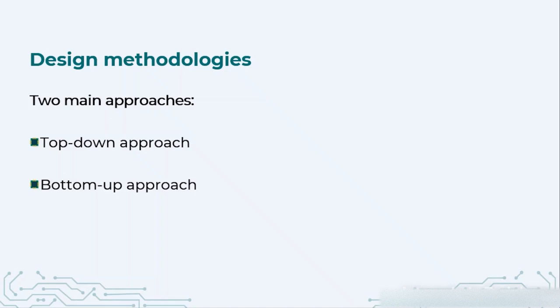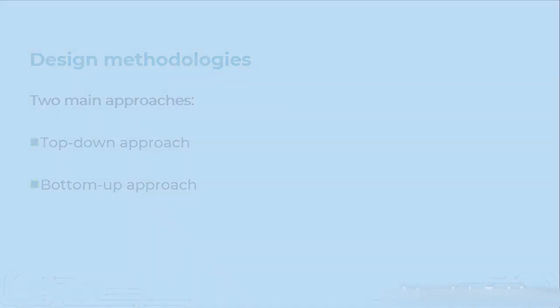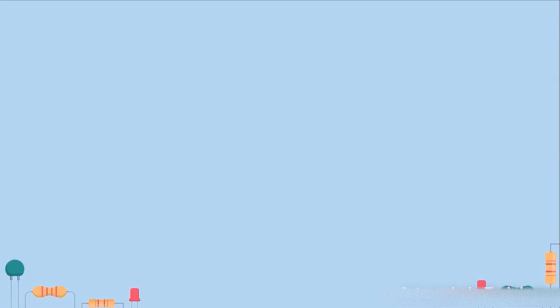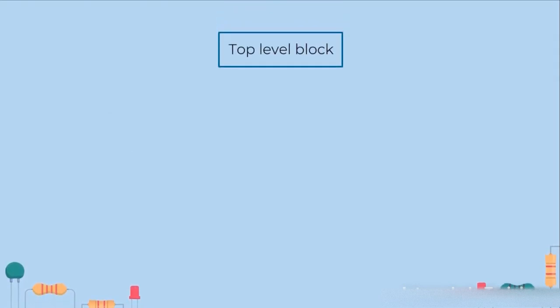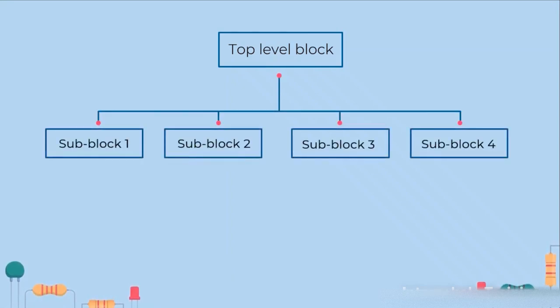Let us understand the same with a flow chart. So on the top, I have the top level block. I identify that this block can be implemented using 4 different sub-modules. So we implement them. We have to also identify the relation between these 4.